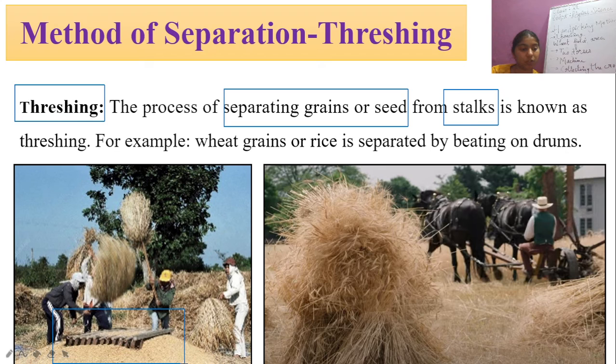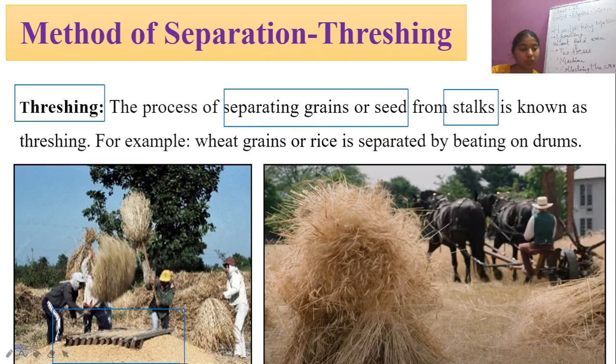So basically students, we have two types of threshing. Okay, first, which is in front of you, that is manual threshing. What is that? Manual threshing. And second, threshing using machine. In manual threshing, the crop is beaten to get the grains out from it, so the person has to do this work manually.